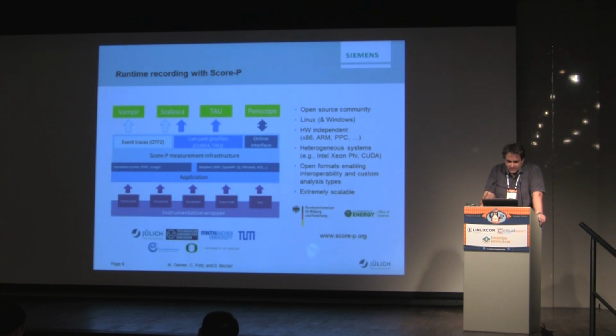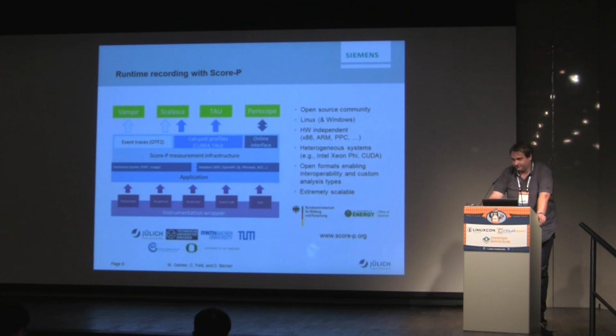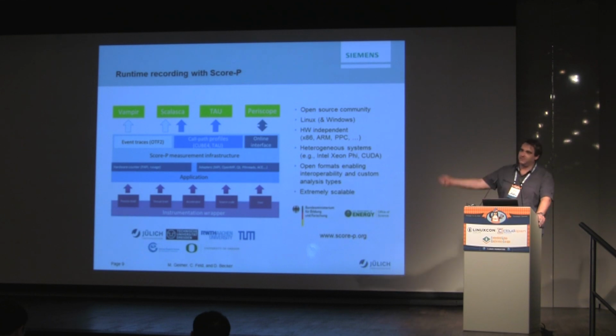It's a combined development of the Research Center Jülich, the Technical University Dresden, RWTH Aachen University, the Technical University of Munich, the German Research School for Simulation Sciences, and the University of Oregon. It's funded by the German Ministry for Education and, surprise, the Department of Energy from the US. Actually, this is pretty amazing because it's one of the rare situations where the DOE sends money over the Atlantic to Germany.